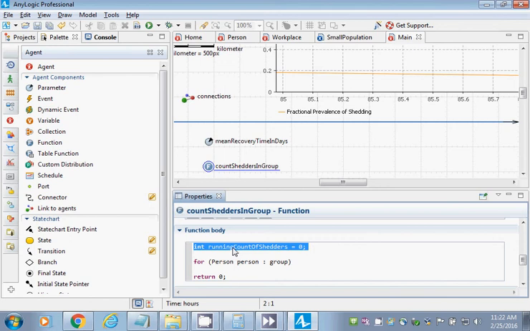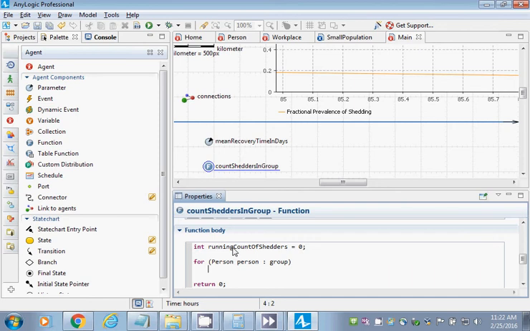For each person in this group, what do you think I need to do? To count the number of shedders, what do you think I need to do? How would you count the shedders? If you had a notepad, a clipboard, and a group of people in front of you, and you could go through and ask them, are you shedding, are you shedding, and they'd be guaranteed to tell you the answer, what would you do for each of them?